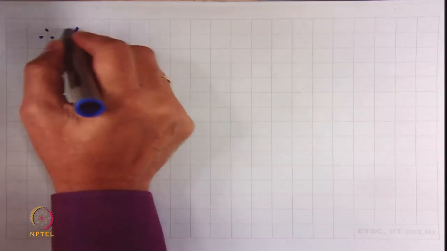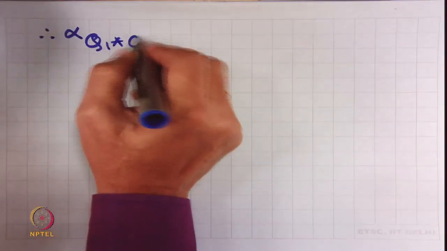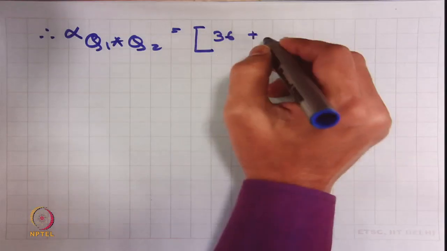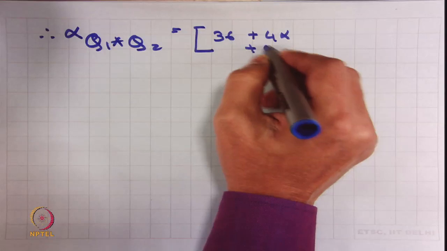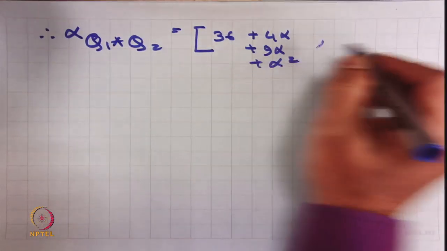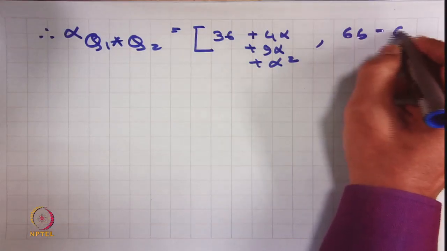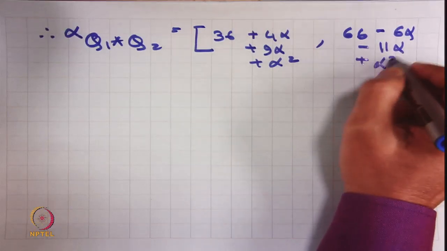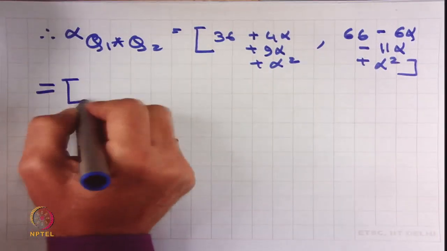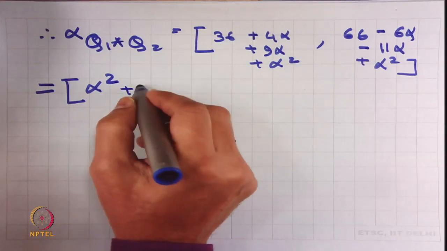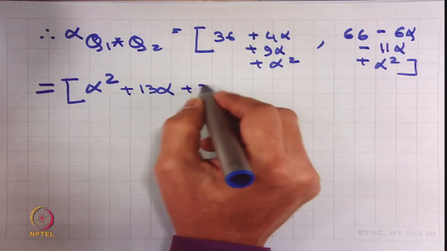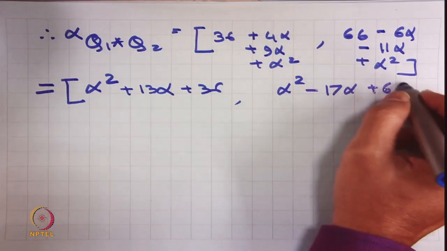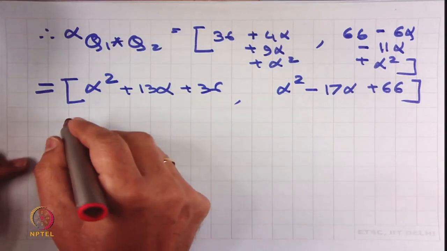Therefore, alpha q1 star q2 is equal to 36 plus 4 alpha plus 9 alpha plus alpha square to 66 minus 6 alpha minus 11 alpha plus alpha square, which we can write as alpha square plus 13 alpha plus 36 to alpha square minus 17 alpha plus 66.